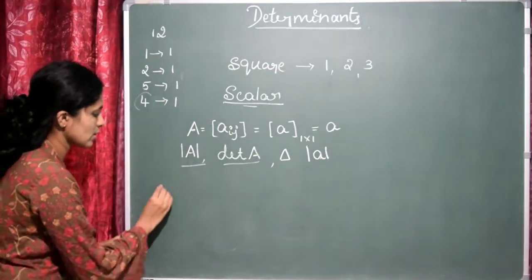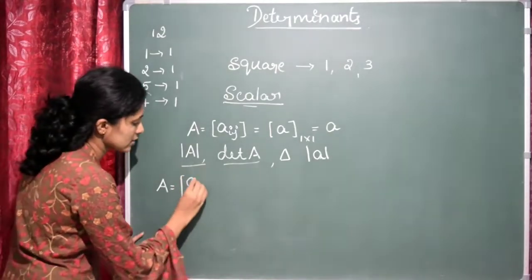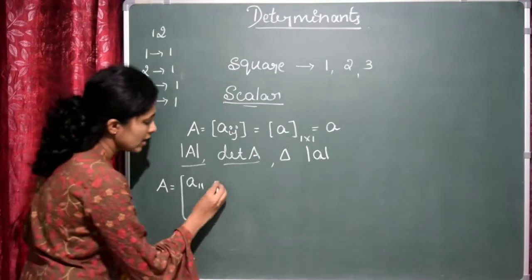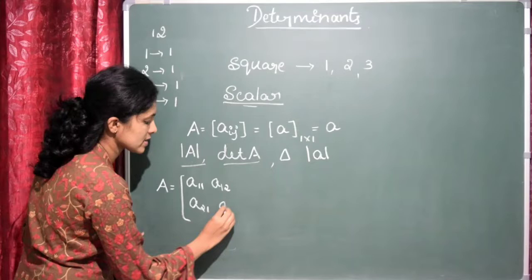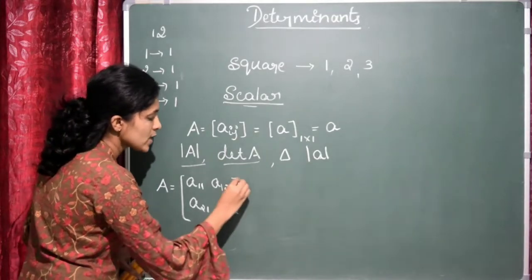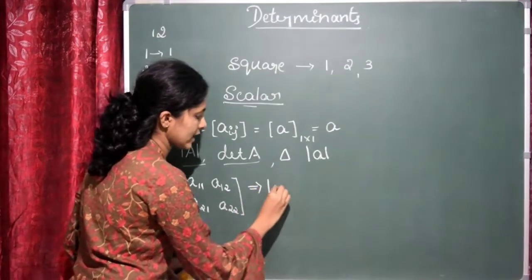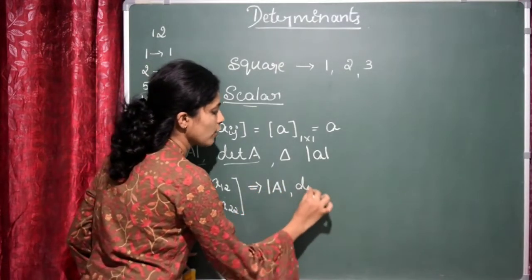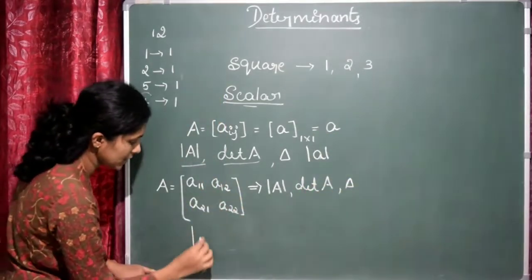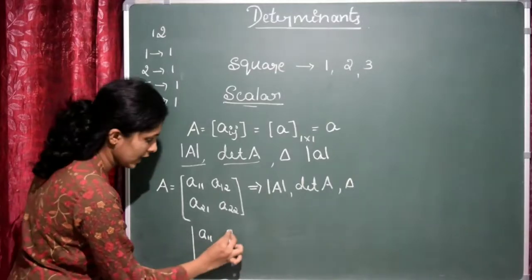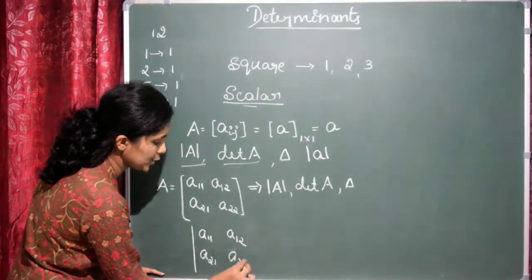If the matrix is of order 2 by 2, let me consider in general, A is equal to, first row A11, A12, and second row A21 and A22. How to represent the determinant of A? Either determinant of A, or delta, or write it with vertical bars around A11, A12, A21 and A22.